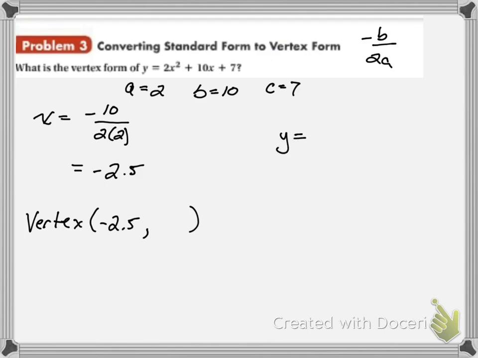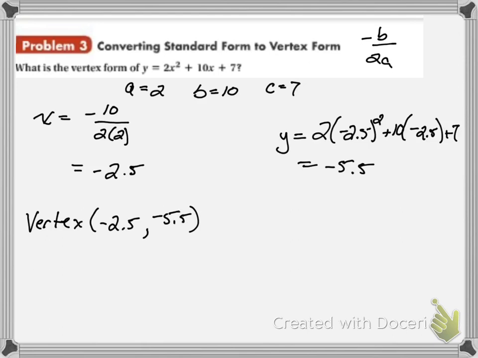So y equals 2 times negative 2.5 squared plus 10 times negative 2.5 plus 7. Punch it in your calculator, you end up getting negative 5.5. That's the y coordinate of my vertex.